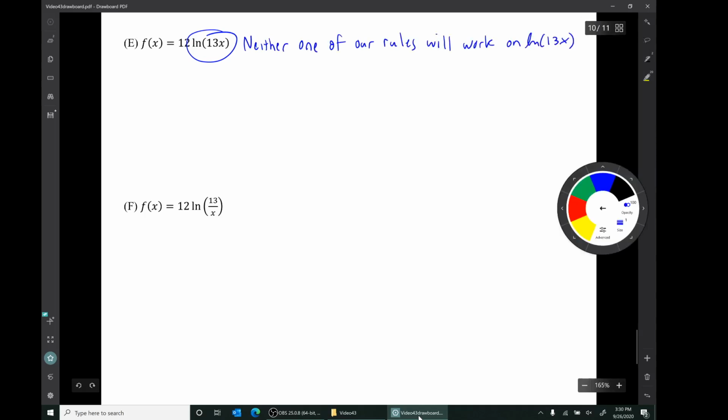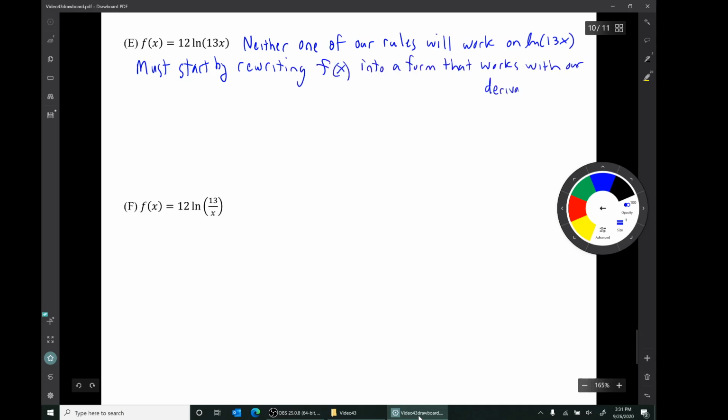So what we have to do is rewrite the function in a form where our rules will work, in a way that there is nothing else inside the parentheses. So we have to rewrite f of x into a form that will work with our derivative rules. That is, a form where there is nothing inside the parentheses but just x.